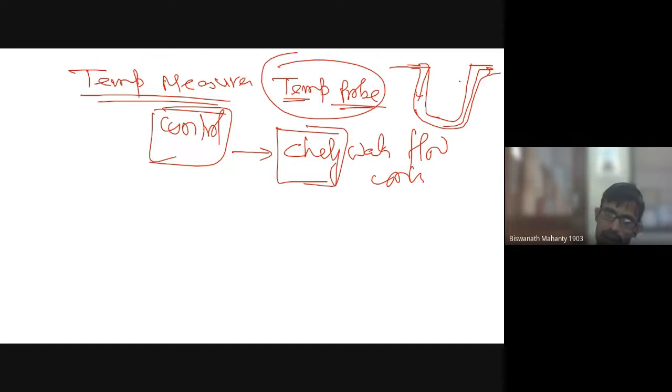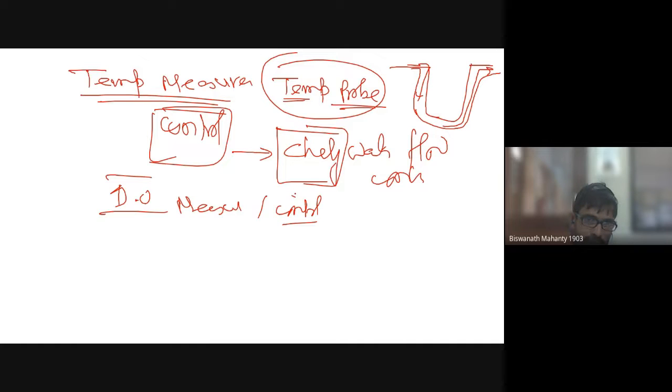In the same way, there is dissolved oxygen. Dissolved oxygen does not have a controller as such, but we can measure it. Some parameters we only measure, like dissolved oxygen, not really control. But we have the possibility of controlling flow rate.